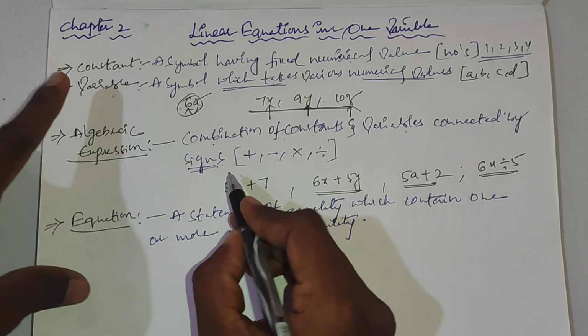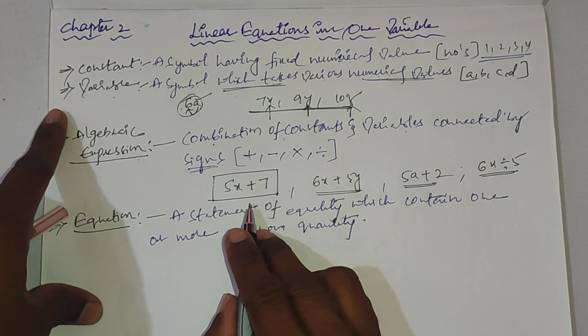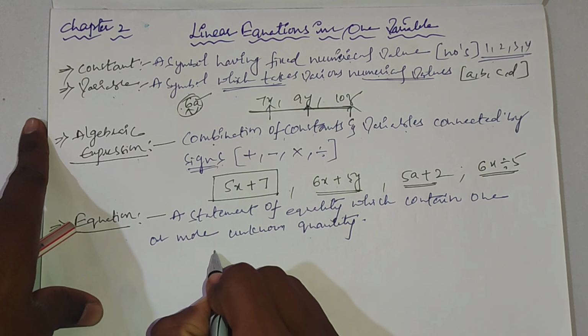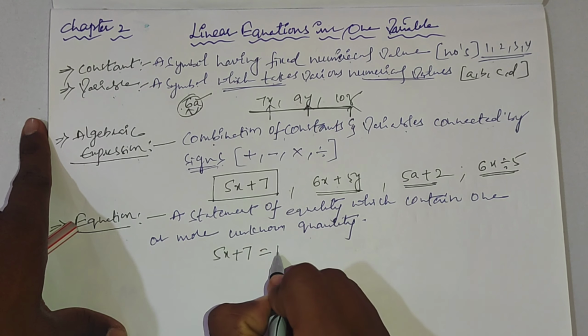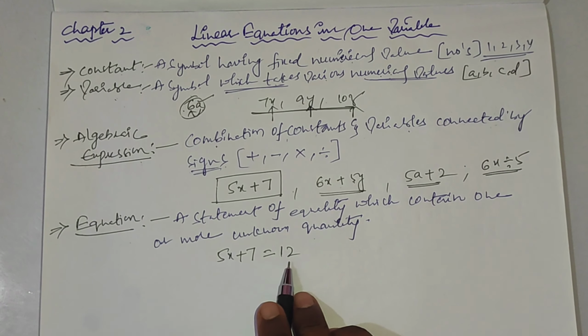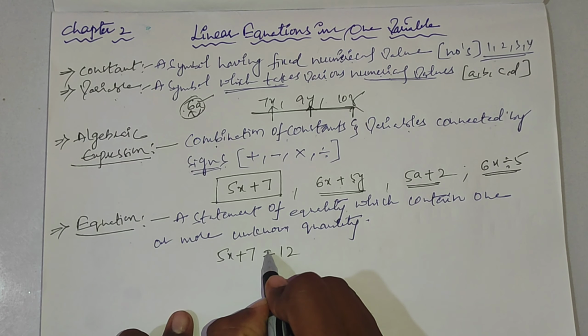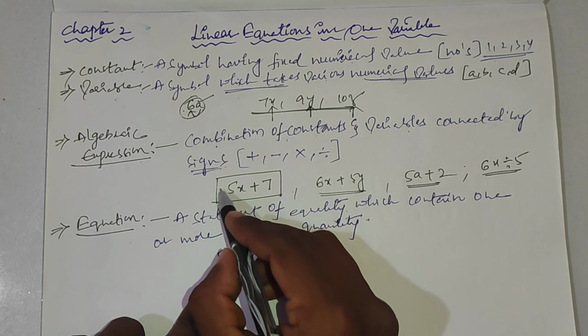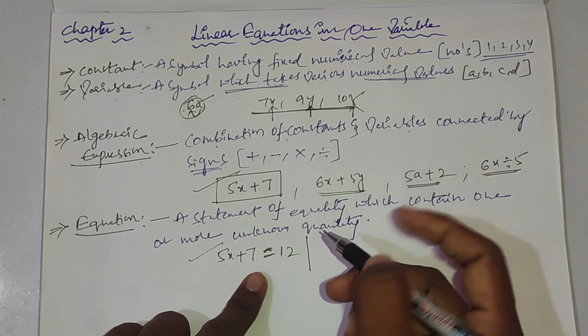Here we said the algebraic expression example is 5x plus 7, right? Now taking the same 5x plus 7 is equals to 12. I am taking 12, which is a statement of equality, one which contains an equal symbol. So this is the expression and this is the equation which contains the equal symbol.